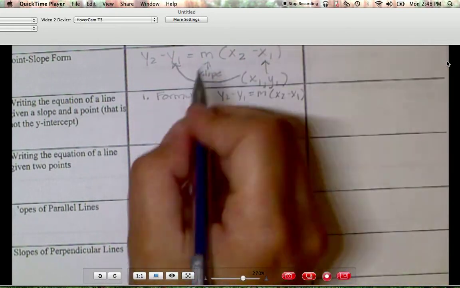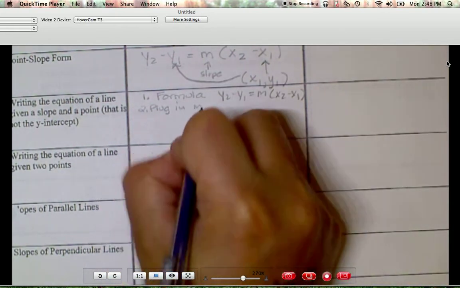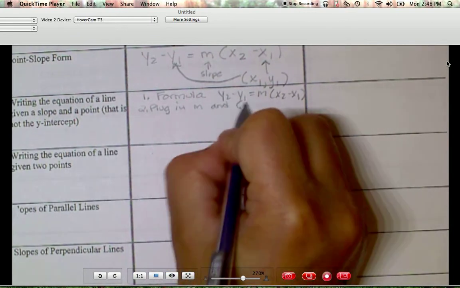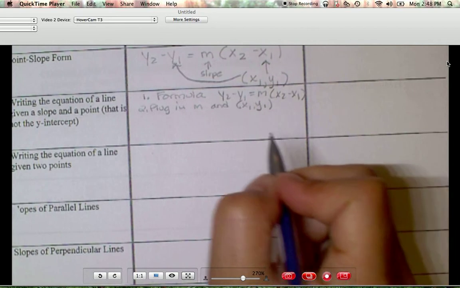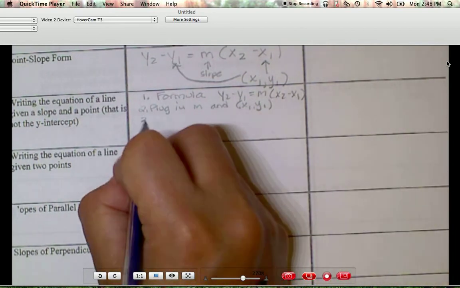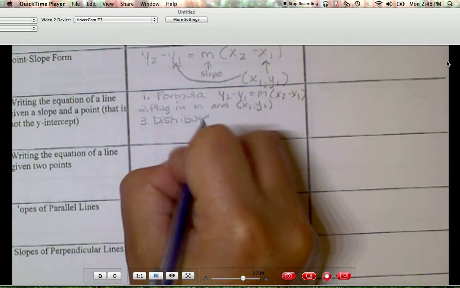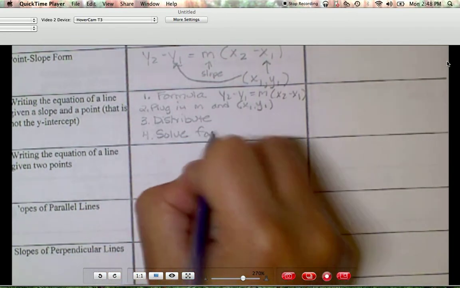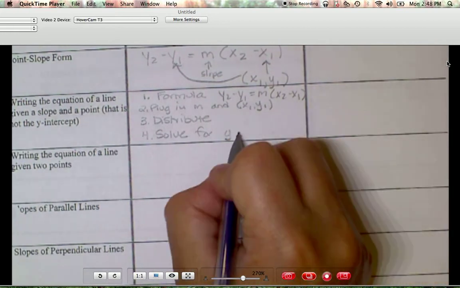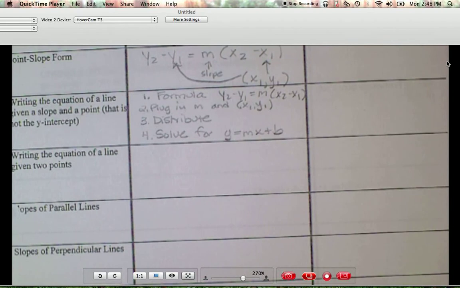Once you've done that, then you want to plug in the m and the x1, y1. We need to then distribute on the right side and finish by solving for y, so that it's in y equals mx plus b. So those are your 4 steps.